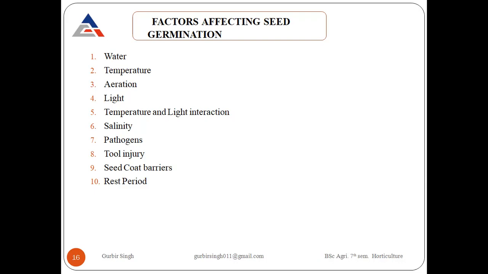The oxygen requirement of different seeds varies widely, but some seeds germinate freely at oxygen tension below the atmospheric concentration.